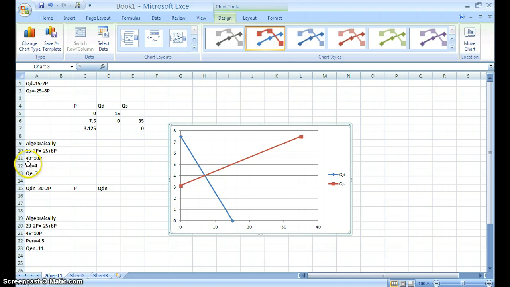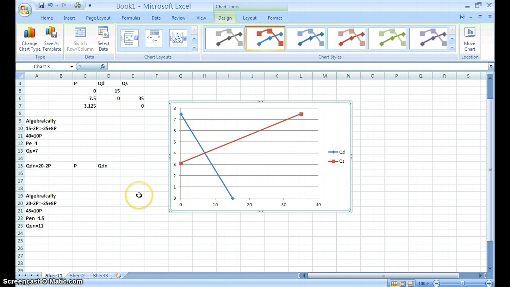Take 25, add it to both sides, I get 40 on this side, add that 2p over there, I get 10p. 10p equals 40, price equals 40 divided by 10. So the price at equilibrium is 4, just like I've shown here, and I have confirmed that the quantity is 7. So 4 and 7 is the equilibrium price and quantity for those equations.